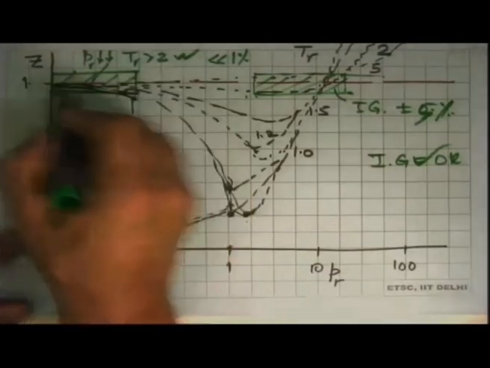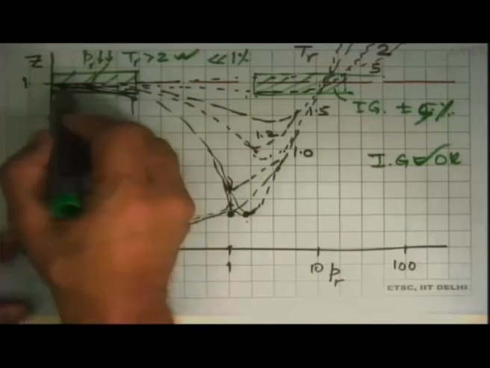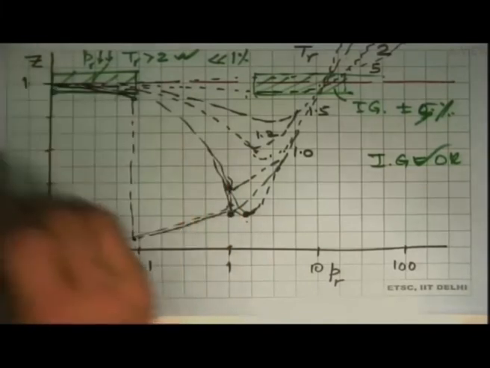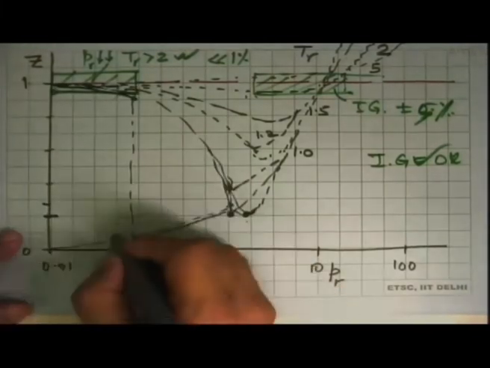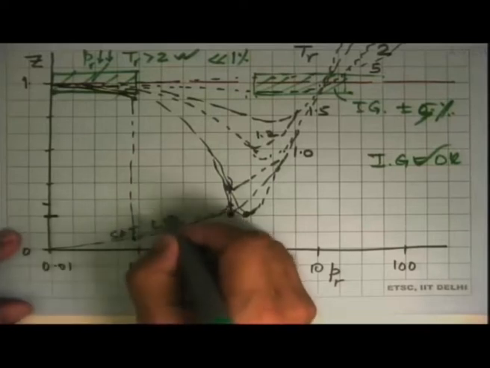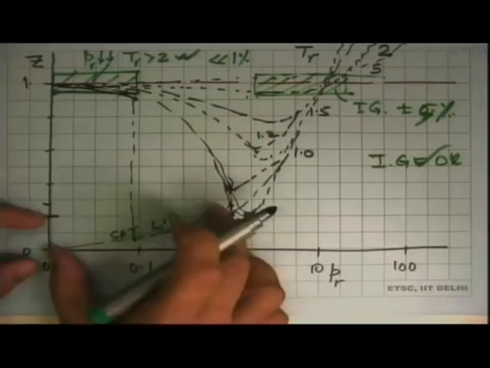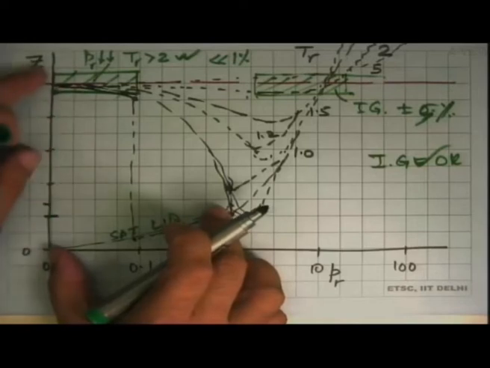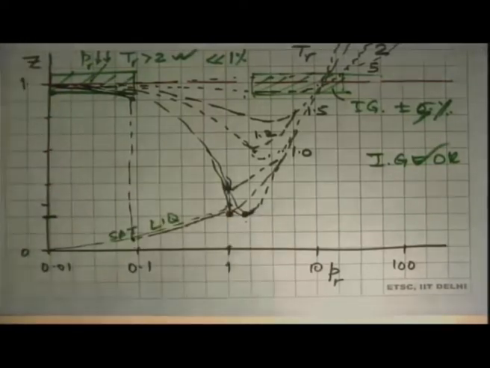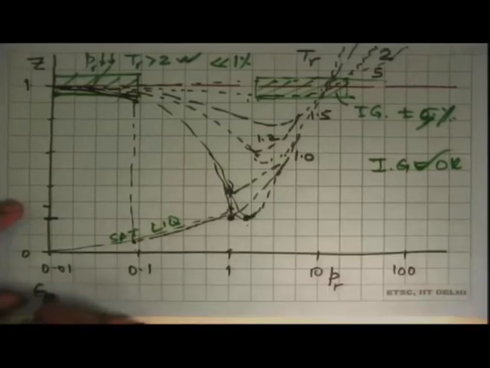So we can only look at this part where some saturated states will also come as ideal gas behavior, but the saturated liquid state, which is this line, has very large Z or very small, and cannot be considered to be an ideal gas. Okay. So that's what we have introduced now, the chart which is known as the generalized compressibility chart.